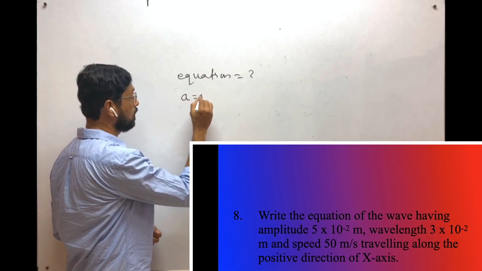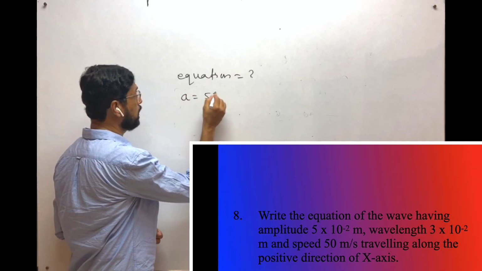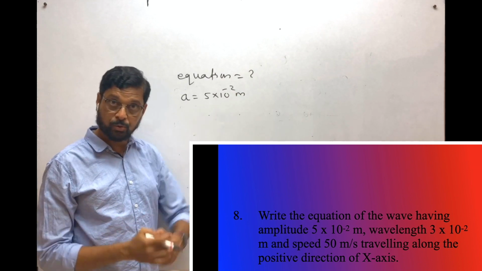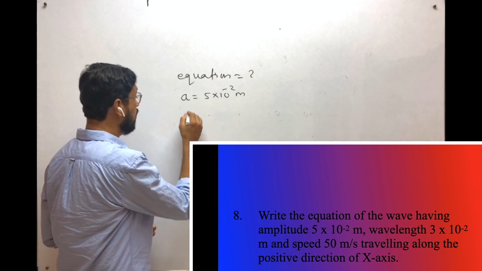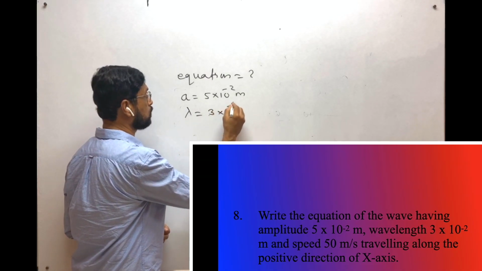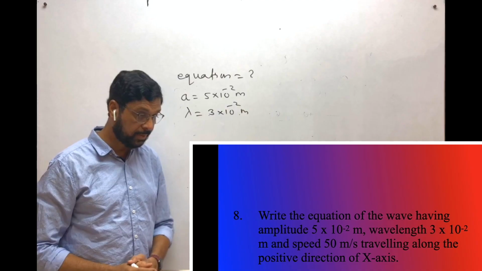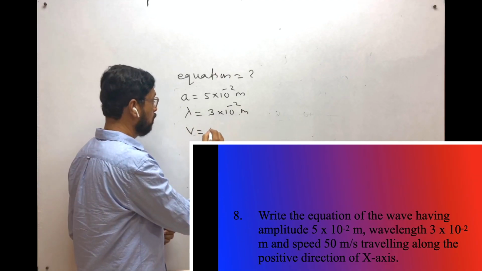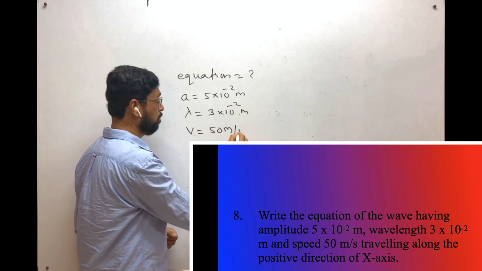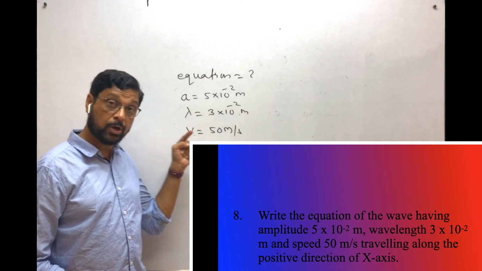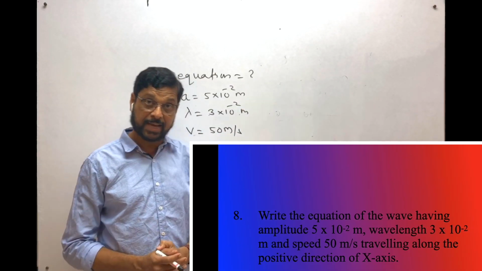Amplitude is 5 into 10 raised to minus 2 meter. The amplitude of the wave is given. Wavelength lambda is 3 into 10 raised to minus 2 meter. Okay. And speed v is equal to 50 meter per second. And the wave is traveling along the positive direction of x-axis.